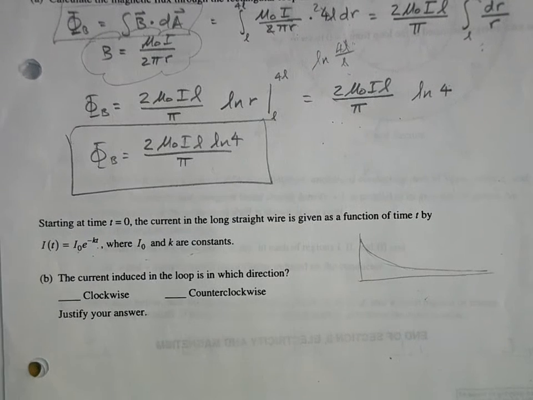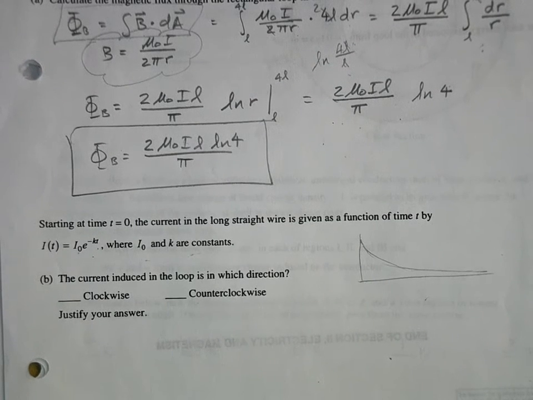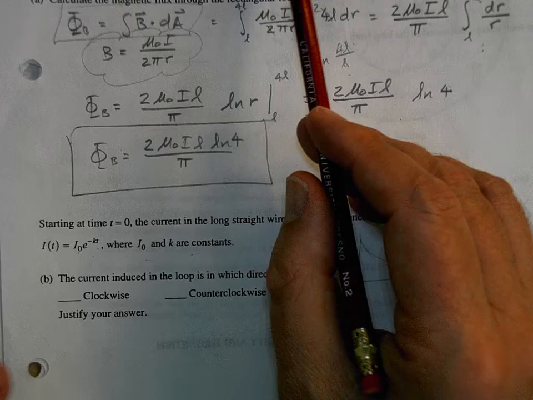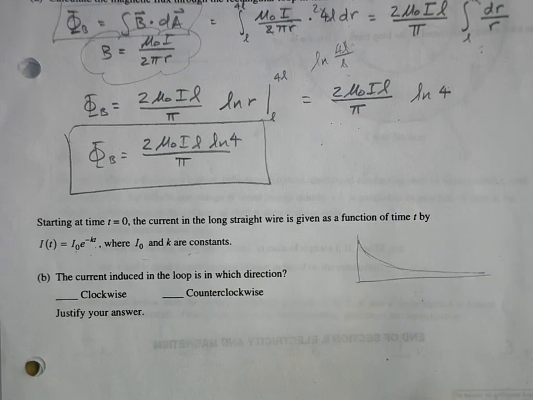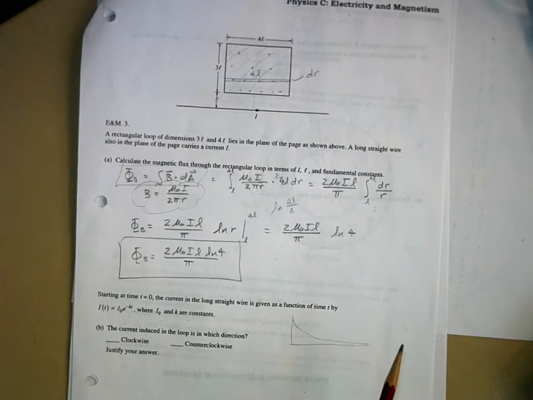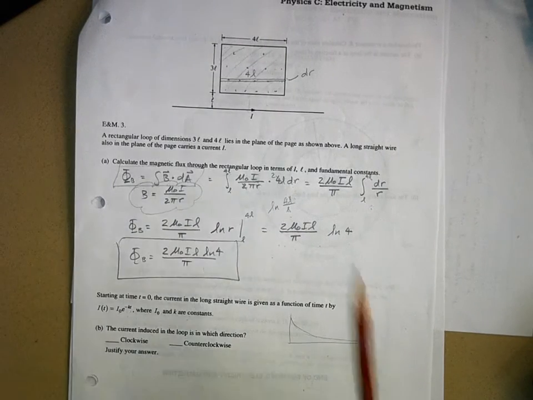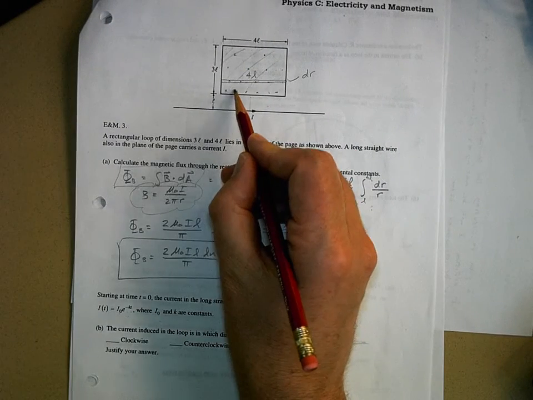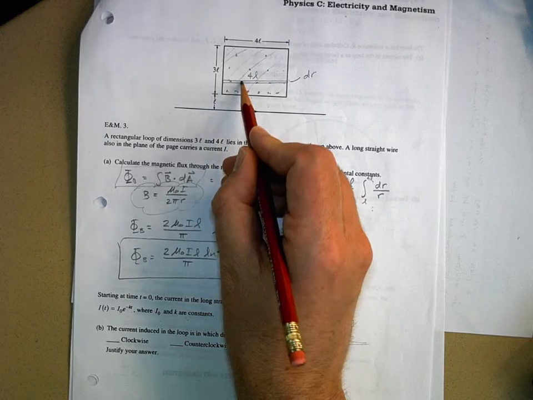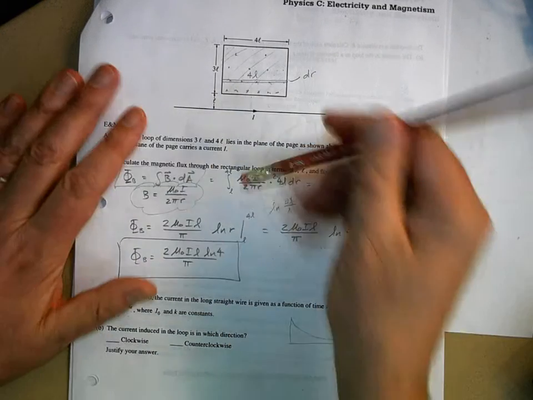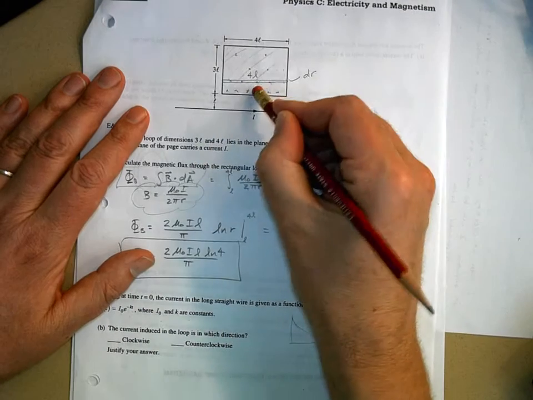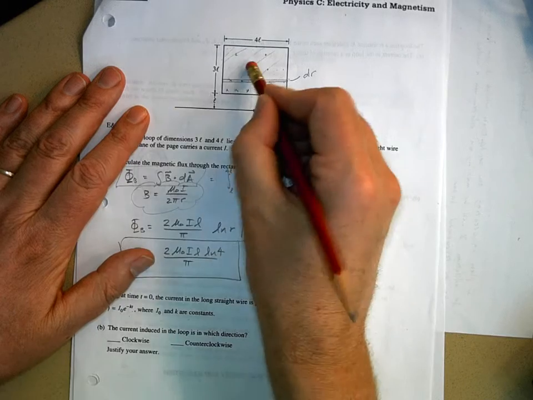So the induced current in this loop, let me zoom out so you can see that. This has got flux coming out of the paper. Now that flux is going to start disappearing as the current in the wire gets less and less.